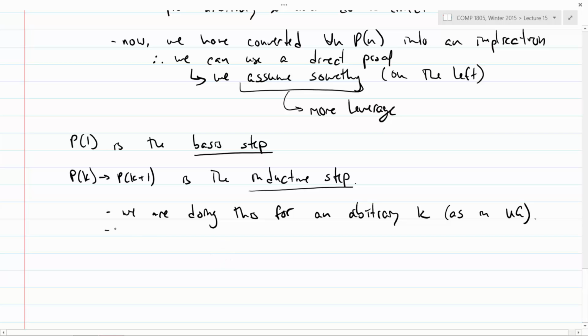So typically, we do a direct proof. That's what we'll do in basically all of the examples we'll see. And so we call PK the inductive hypothesis.